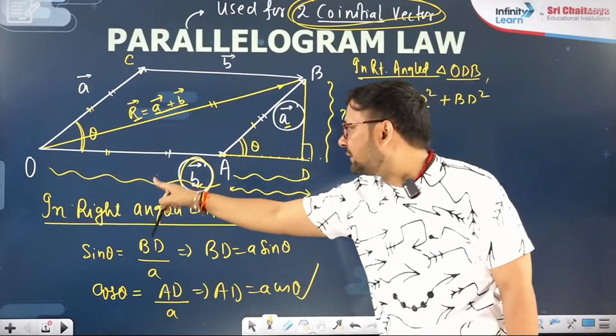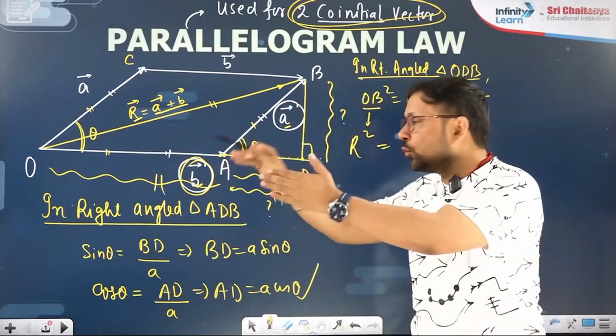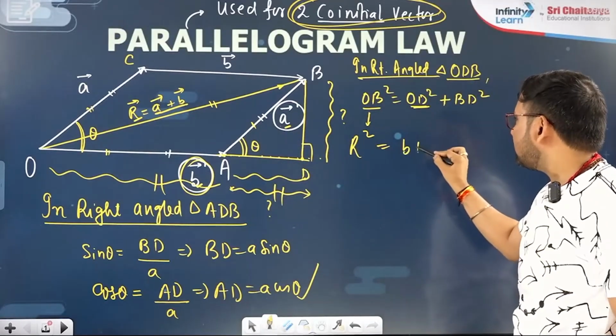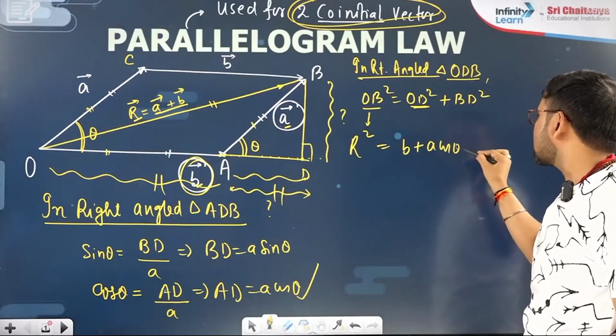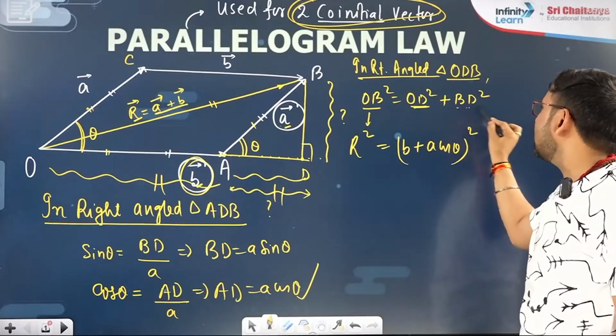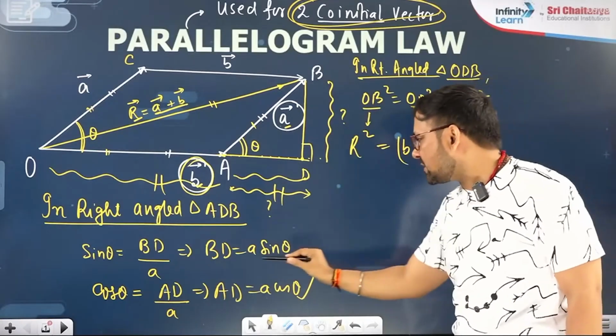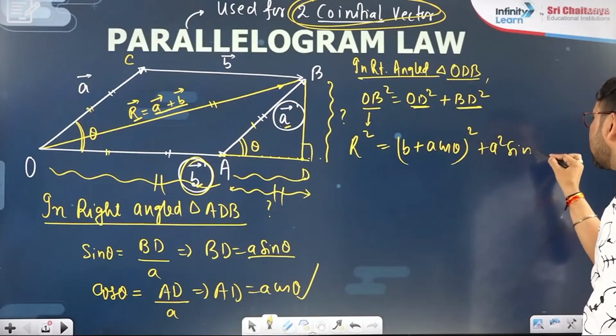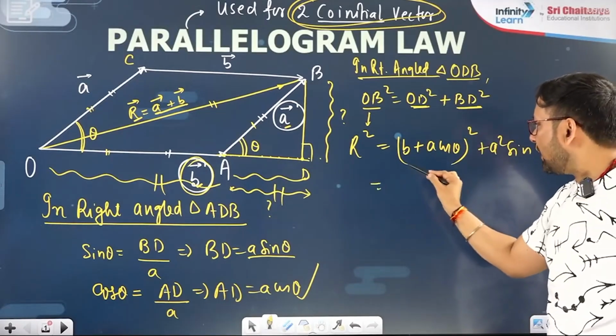So complete this plus this: OA plus AD will be B plus A cos theta, squared. And then see the value of BD, which we have just calculated: A square sine square theta. Now square it.